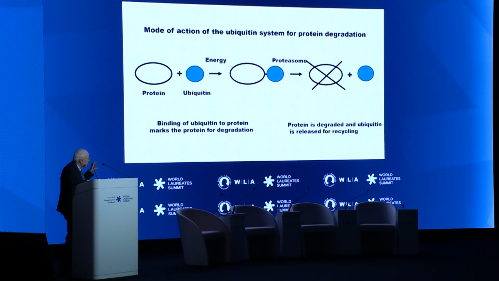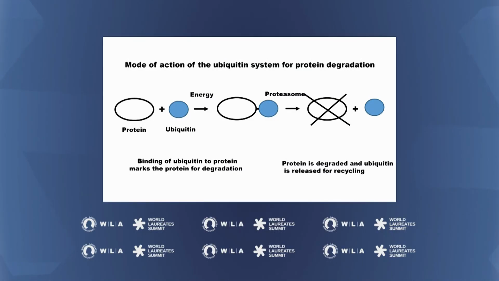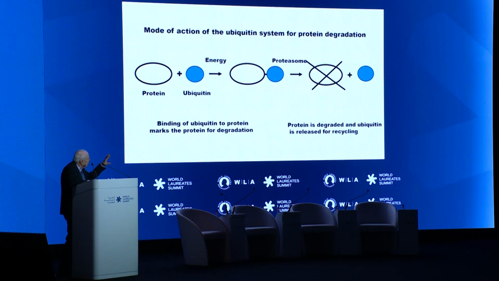A protein that has to be degraded is first linked to a small protein called ubiquitin, and then proteins linked to ubiquitin are recognized by a degrading machinery called the proteasome, which degrades only proteins marked by linkage to ubiquitin. So the protein is destroyed and ubiquitin can be recycled and used again. So this is, in a nutshell, the discovery.